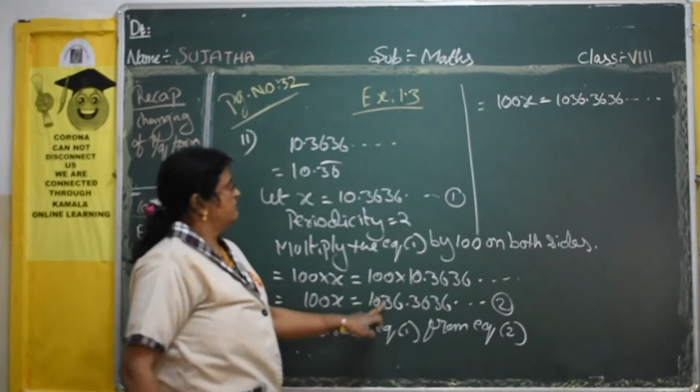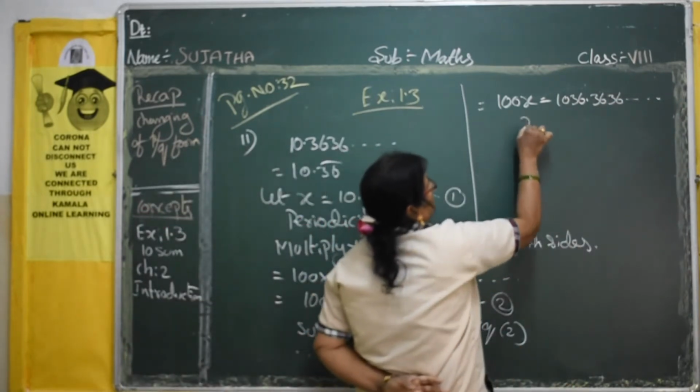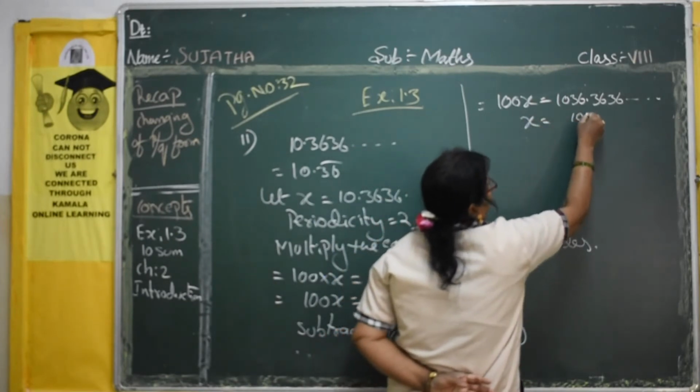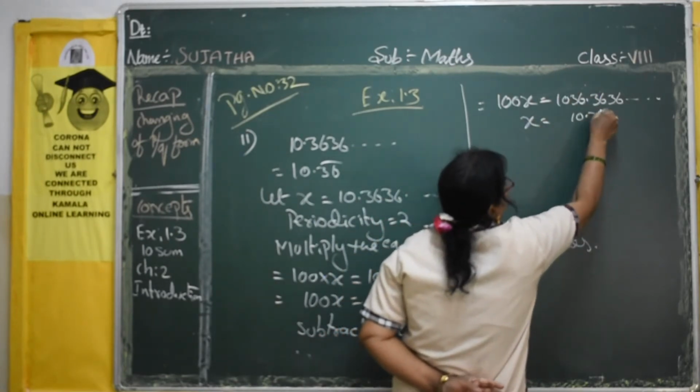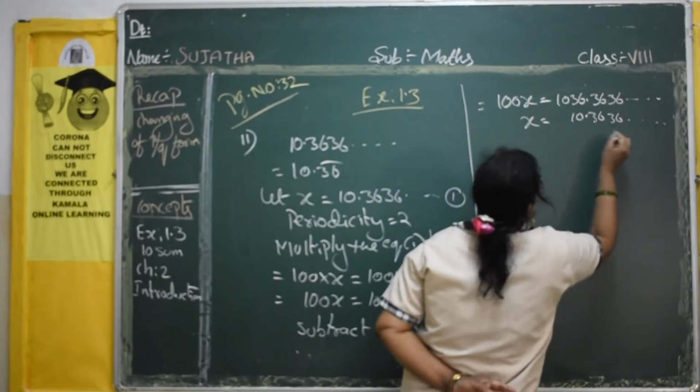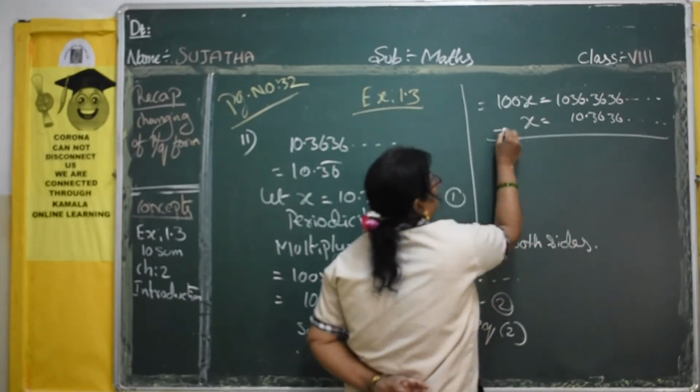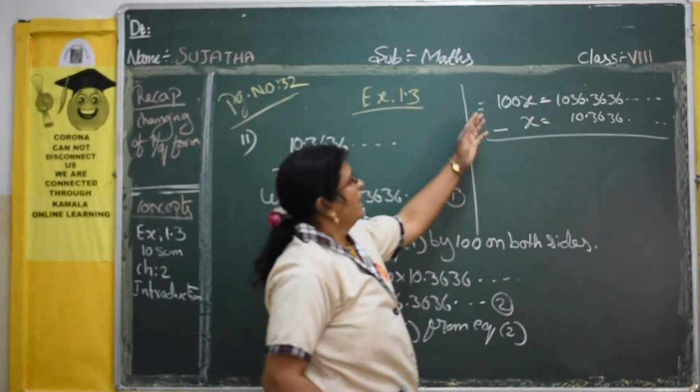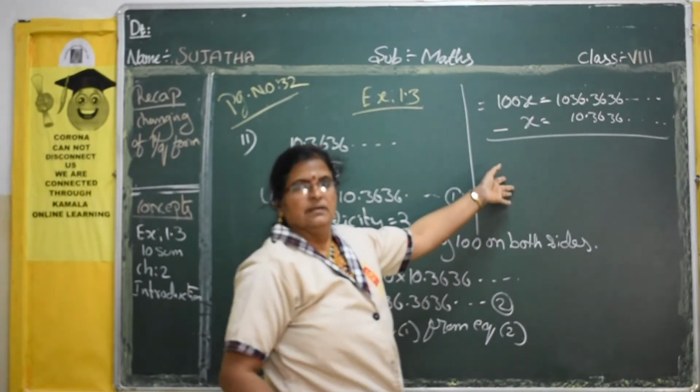Then equation 1: x is equal to 10.3636 and so on. Now subtract, minus. 100x minus x.